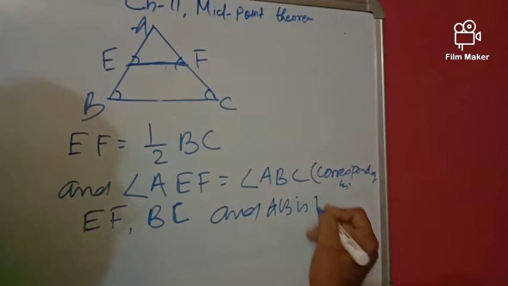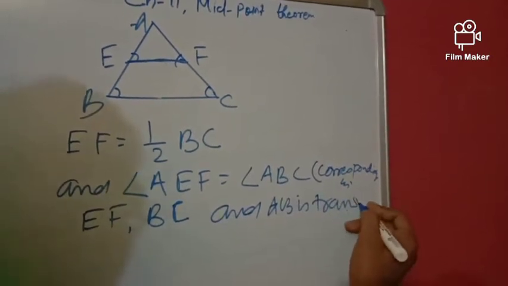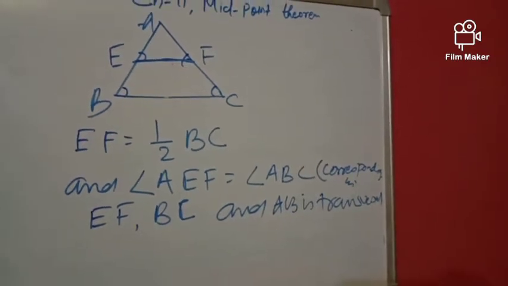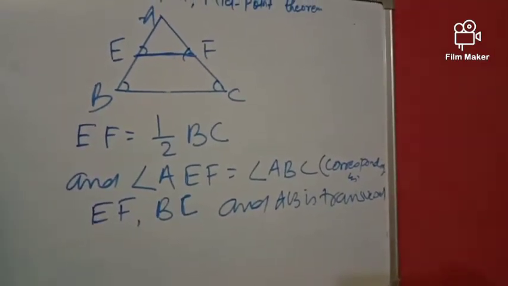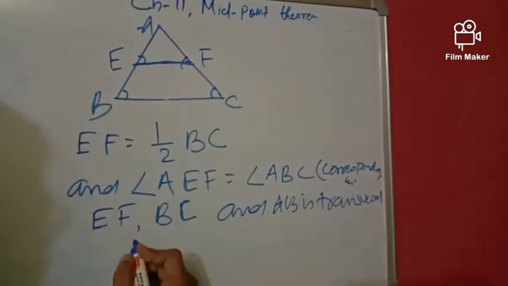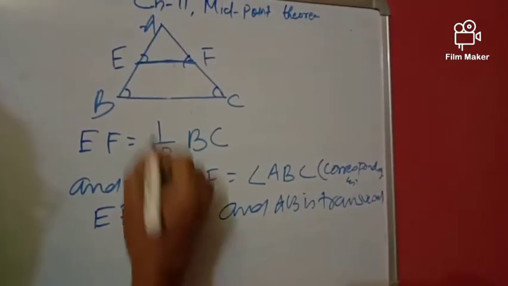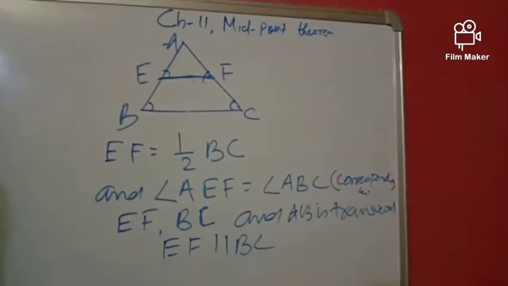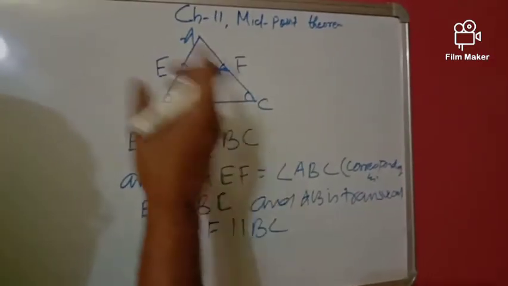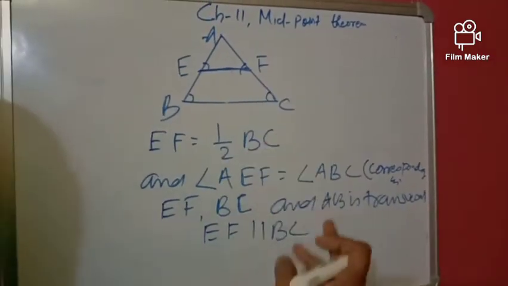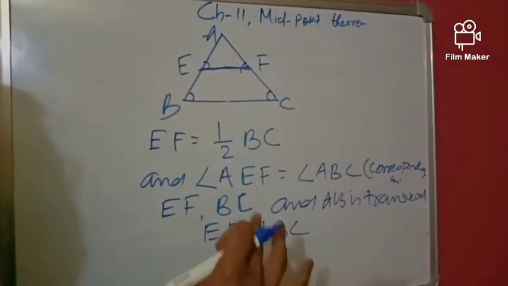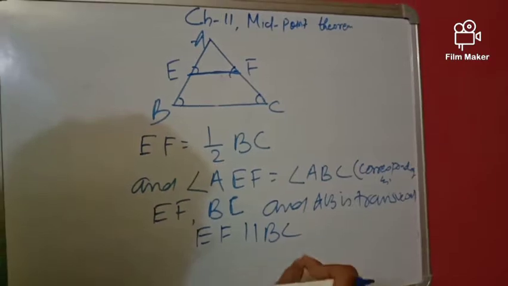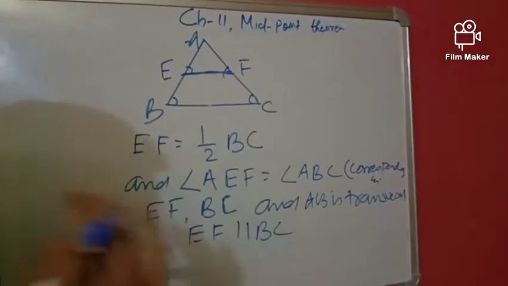AB is a transversal. And for the transversal, therefore EF is parallel to BC. If you repeat these activities in any triangle, you will get the same result. This result is known as the midpoint theorem.